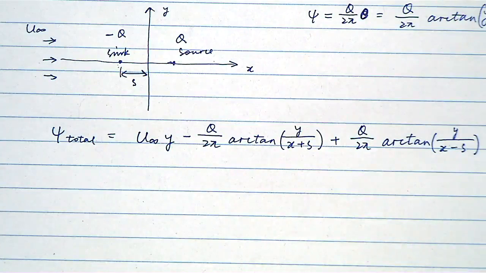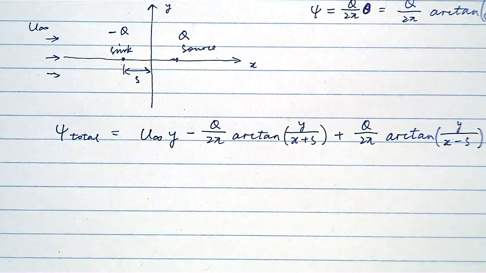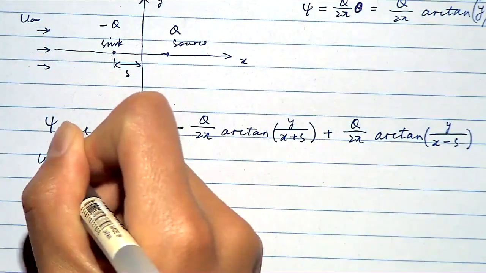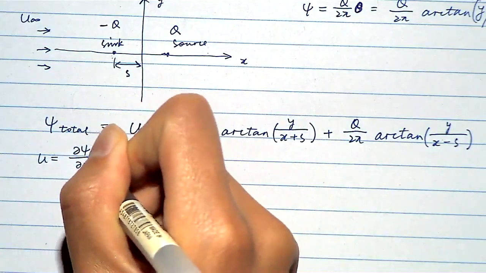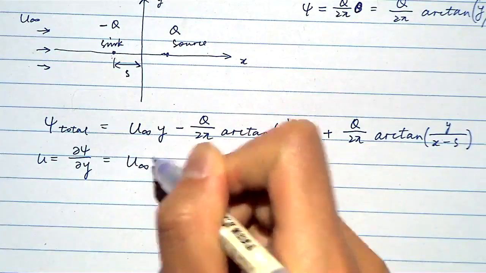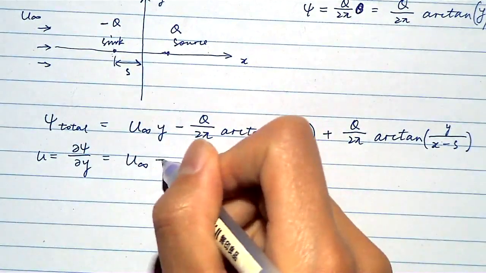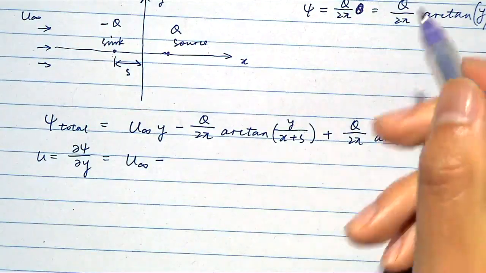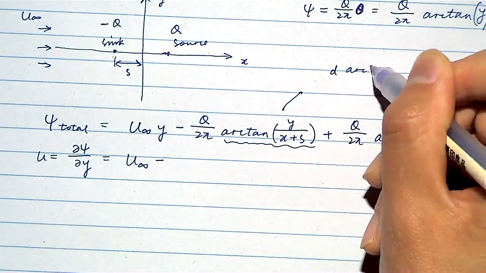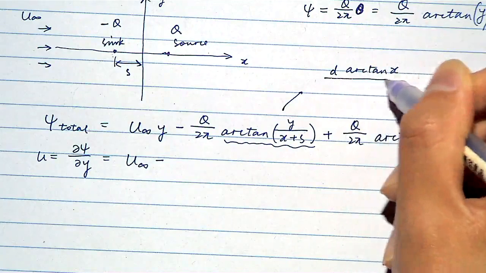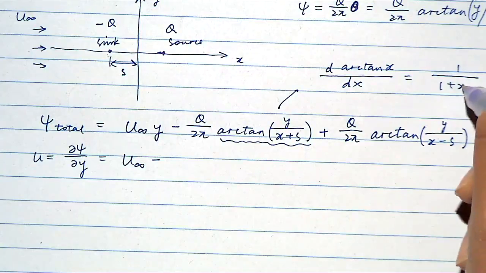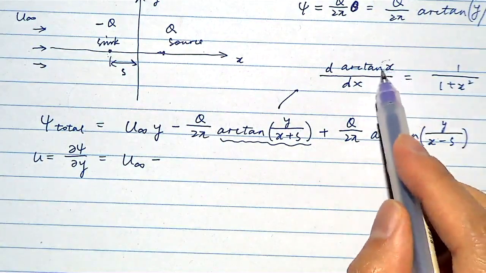And the next step is to calculate the 2 velocity components, u and v. So let's do that. u equals partial psi, partial y. Differentiate this by y, which gives me u infinity from the first term and the second term. Just to remind you, when you differentiate arctangent x with respect to x, that equals 1 upon 1 plus x squared, where x is whatever is inside this arctangent function.